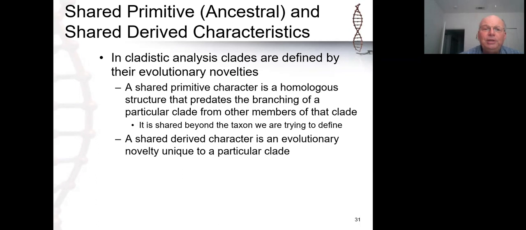So a shared primitive or ancestral characteristic is a homologous feature that is not only found in the clade as you're defining it, but is found in other groups that are really closely related to the clade, but are not actually part of the clade.